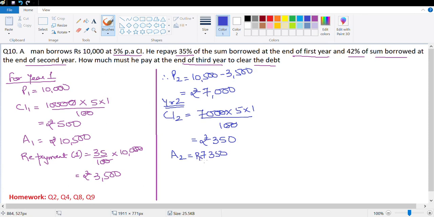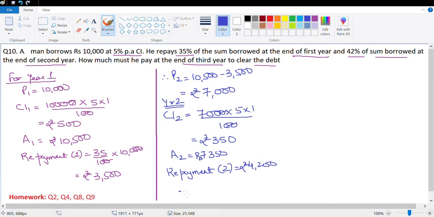Which means amount at the end of 2 years would be 7,350. Now again, at this point of time, he makes a repayment, which means repayment 2 is equal to 42% of 10,000, that's 4,200.